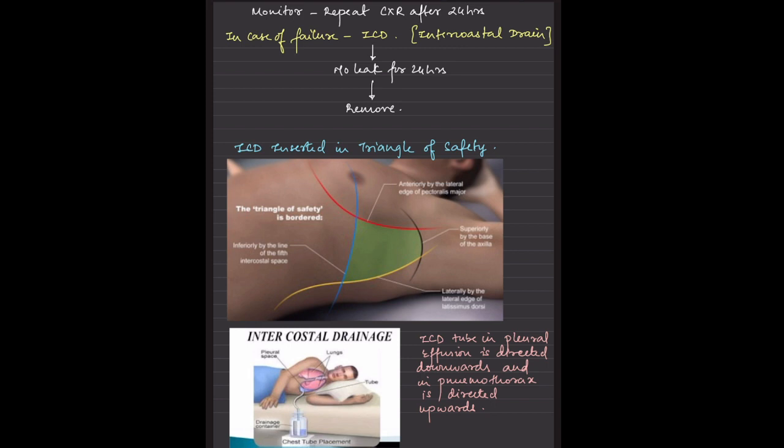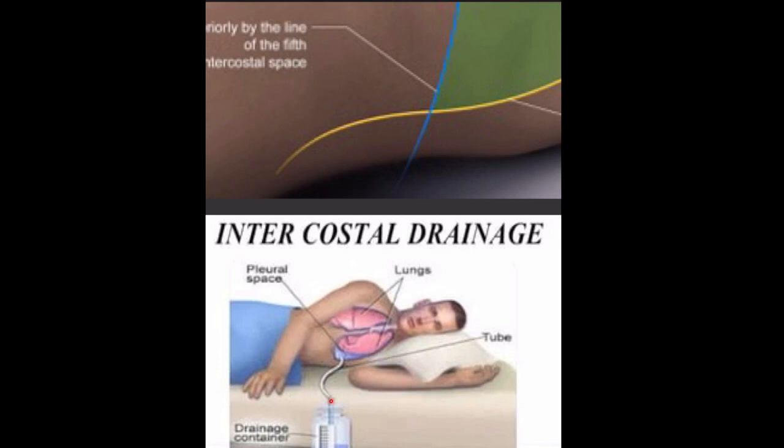Even in pleural effusion, an intercostal tube drainage is inserted. But when we insert an intercostal tube in pleural effusion, it is inserted in a downward direction, by virtue of gravity, because fluid is accumulated in the basal part.